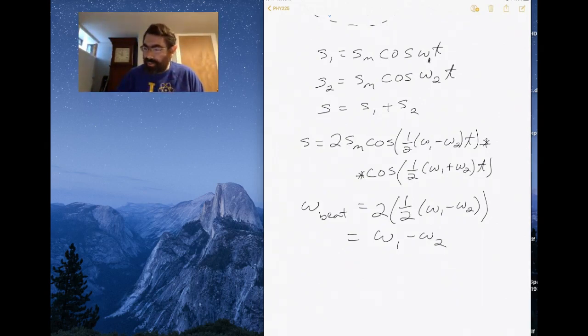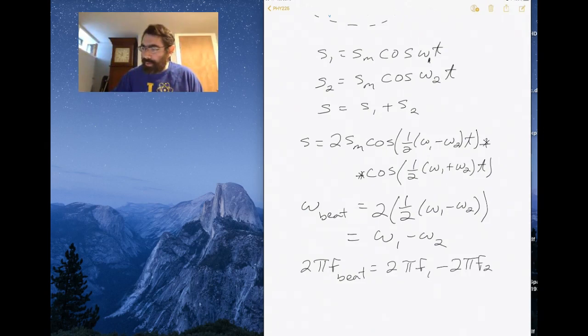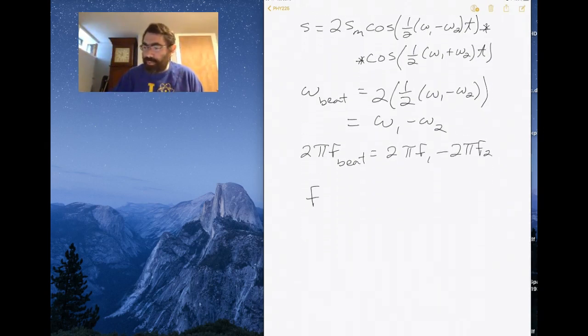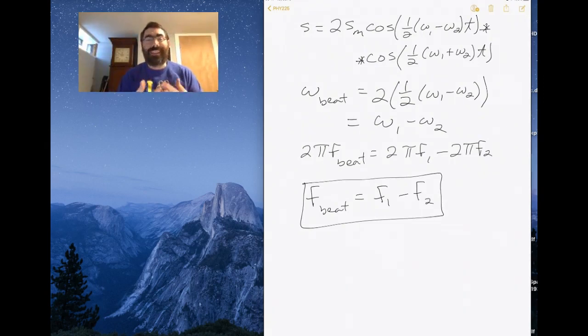And since these omegas are just 2 pi times the linear frequency, then our beat frequency in hertz is just frequency 1 minus frequency 2. So now you can calculate how to get a nice pleasing beat out of a combination of fundamental harmonics from whatever instrument it is that you're trying to play.